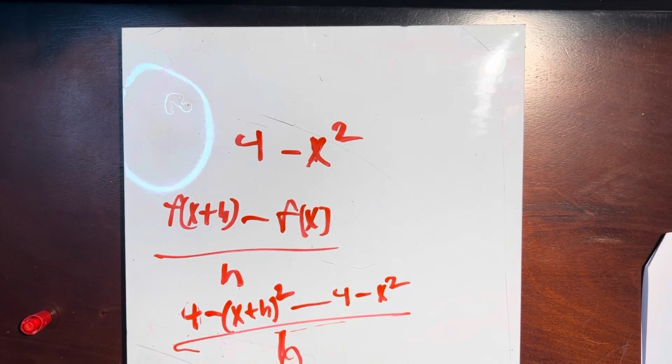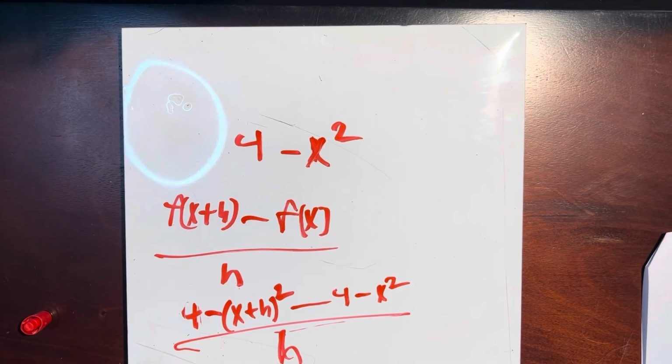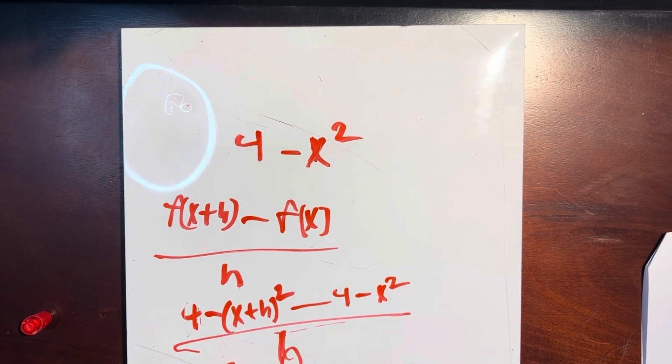FOIL this out, and by the end of the foiling, you will end up with an equation looking similar to this. 4 minus x squared, important to note, oh, hold on, I have forgotten.